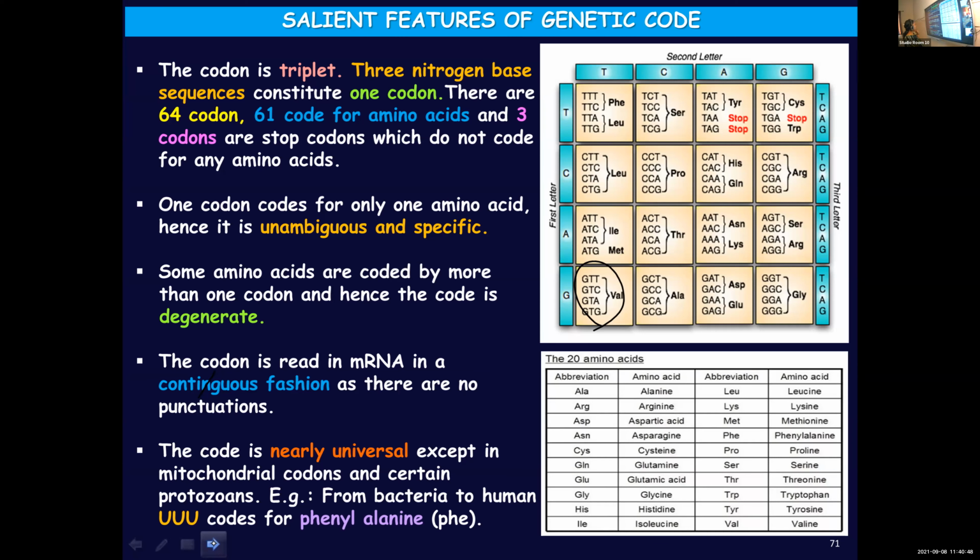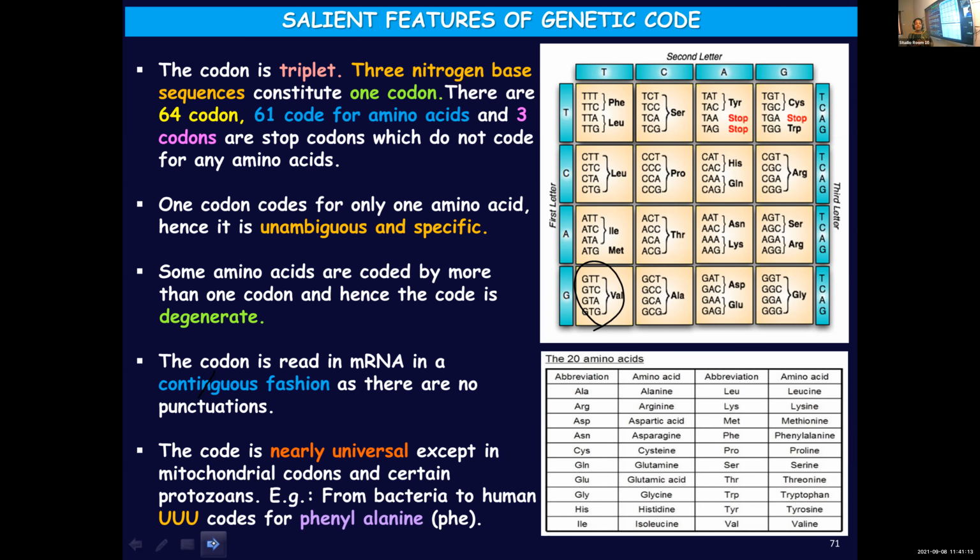For example, UUU codes for phenylalanine. In the picture given, children, it is shown as T. Wherever T is in messenger RNA, T should be read as U. UUU will code for phenylalanine in all organisms, from bacteria, a prokaryote, to human beings.